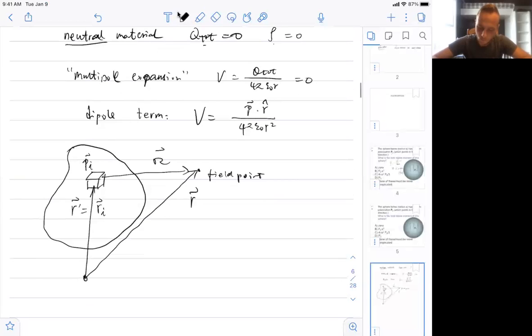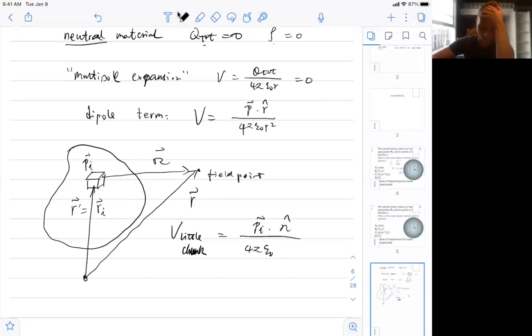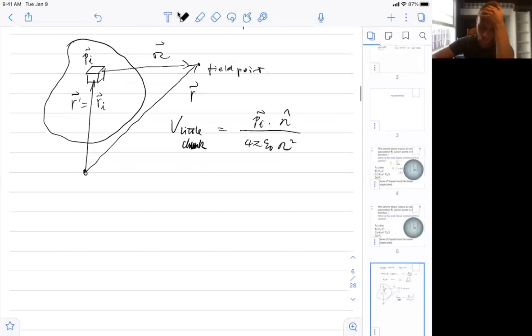So how do we calculate V due to this little chunk of material, which carries a dipole moment? The V produced by this particular dipole is going to be p_i dot r-hat over 4 pi epsilon naught curly r squared. Then we are going to relate this dipole moment to polarization, because we just defined polarization.